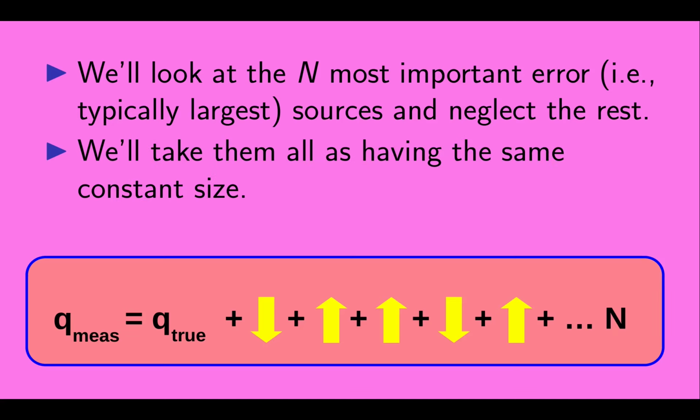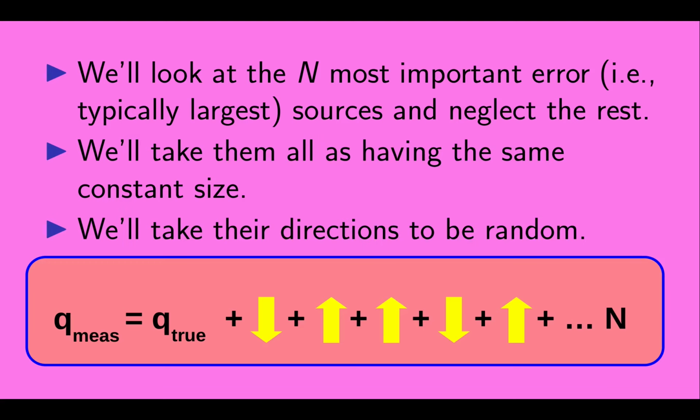We will take them all as having the same constant size, but we'll take their directions, i.e. that they can be positive or negative, to be random. So under this crude approximation, we've now written Q measured as equal to Q true plus n error sources, drawn here as yellow arrows, which are all the same size, but which are randomly up or down.